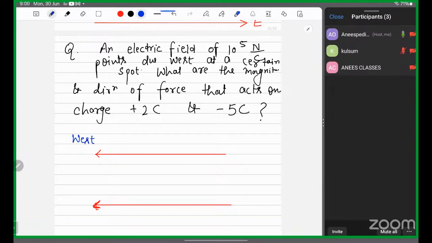Okay, and the value of electric field in this space at certain point is 10 raised to power 5 Newton per Coulomb. Now the question is, if you put plus 2 Coulomb charge at this point, what will be the magnitude of force working on this charge, and what will be its direction?